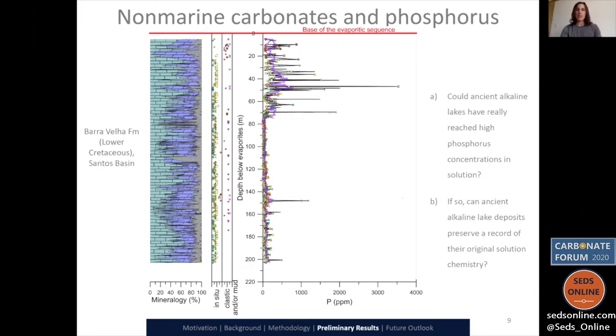And here is a 9-point running average of the total phosphorus content, usually related to these fabrics that are predominant in this part of the interval.